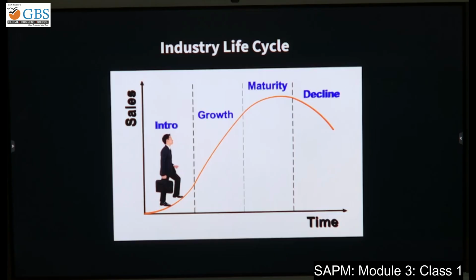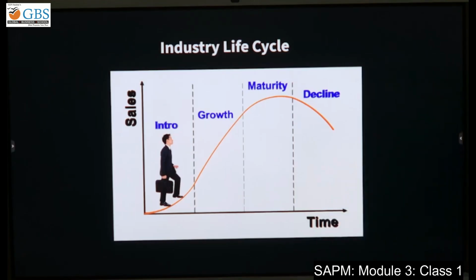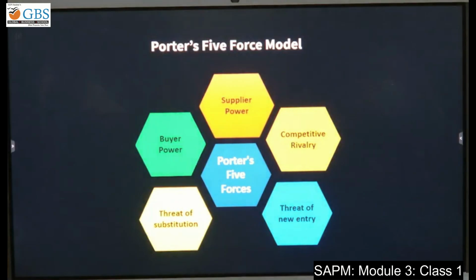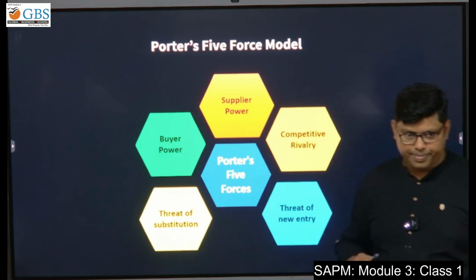Okay, so one thing, while analyzing fundamentally, you should know different types of industries and also which industry life cycle stage they belong to. And the last topic of industry, that is Porter's 5 force model.